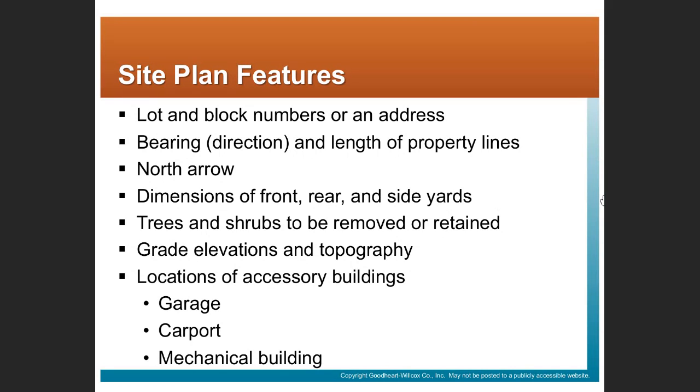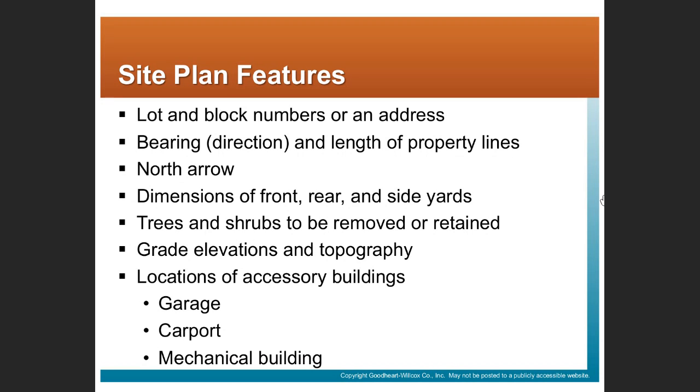We might have indication if there are trees or shrubs, vegetation. We would generally see an indication what's going to stay and what might need to be removed. We'll see the contour lines, which show elevation or topography, change in elevation of the land.